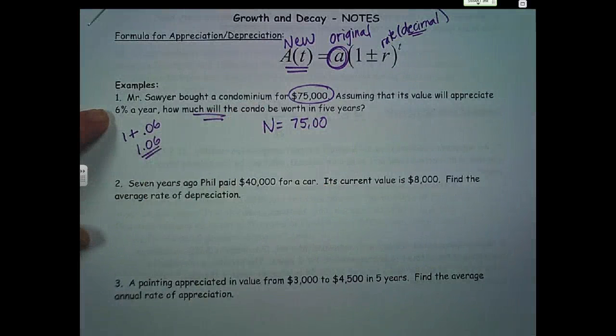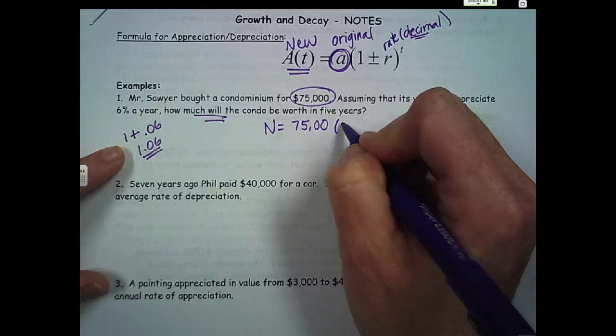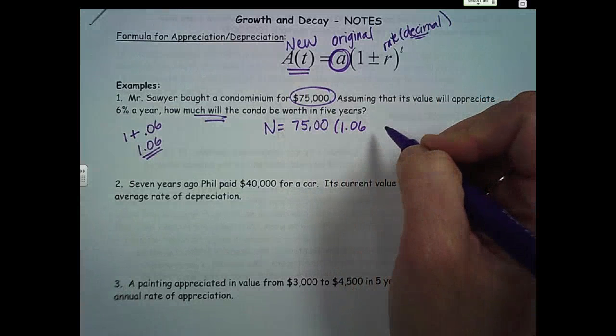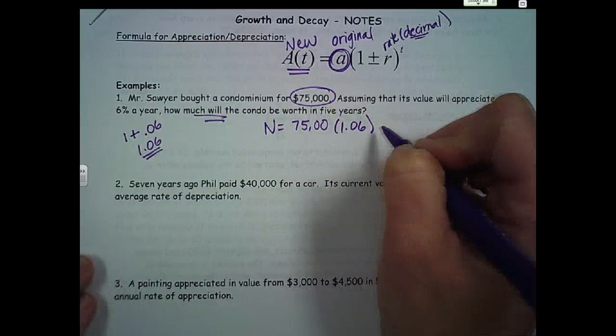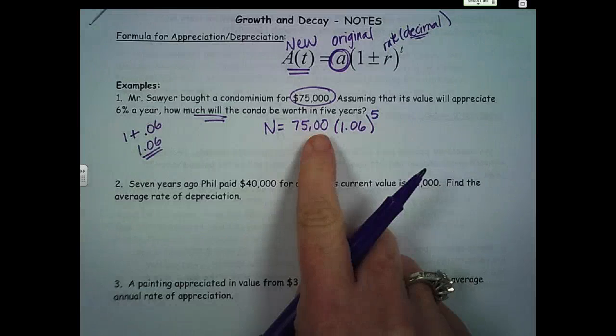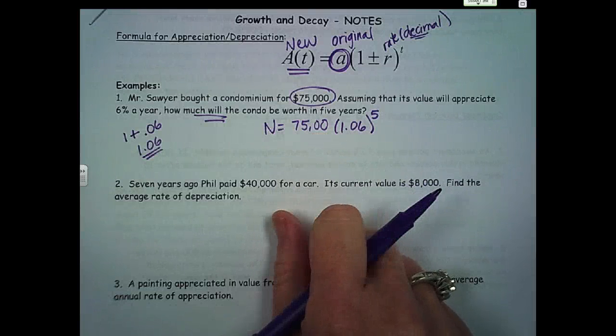I'm going to go ahead and put those together, because if you can put them together in the simple interest formula, sometimes it's a little easier. You cannot put them together in the complex interest formula. And then the time was 5 years. Now just use your calculator and type that straight in. 75,000 times 1.06 raised to the 5th power.